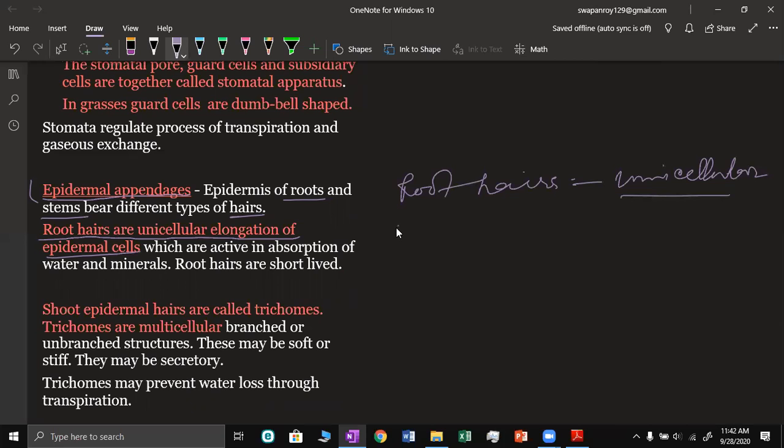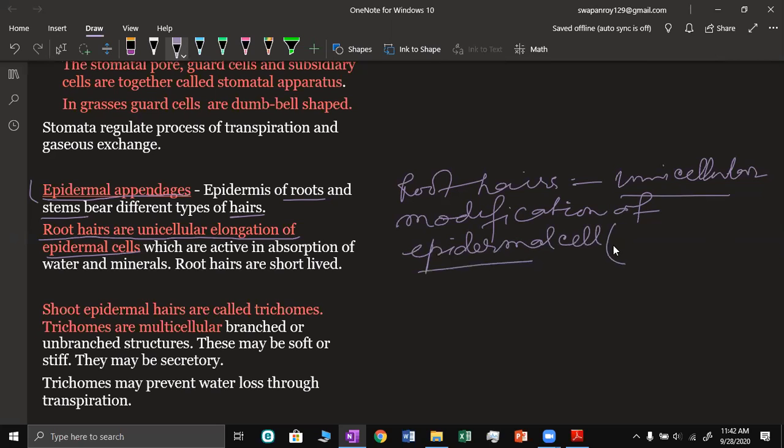They are a modification of epidermal cells. The epidermis of the root is also known as epiblema, so it can be said a modification of epiblema cells or epidermal cells of root.